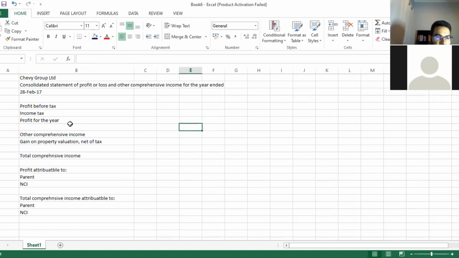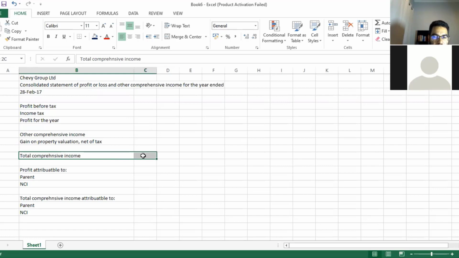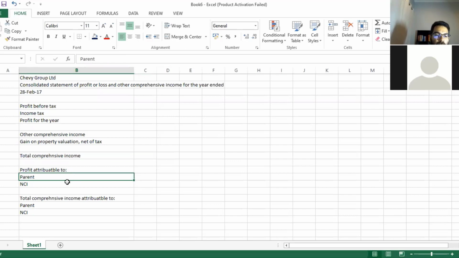So this line item over here, that profit for the year, that total comprehensive income, is a profit and total comprehensive income representing 100% of the subsidiary. Then we're telling the users of financial statements of that profit, what portion belongs to NCI, and of the total comprehensive income, what portion belongs to NCI. That's useful information for users of the financial statements. Okay, so just be aware of that.